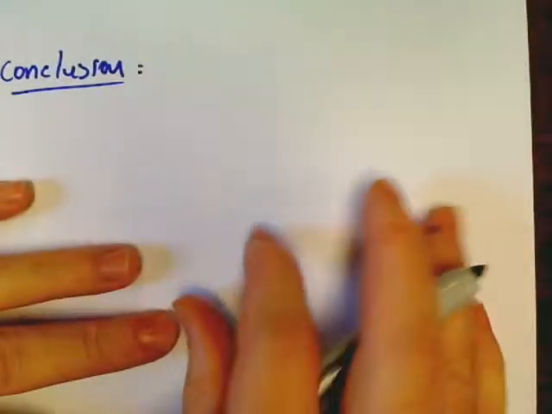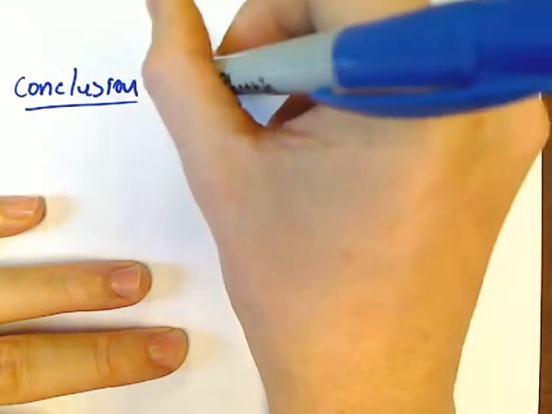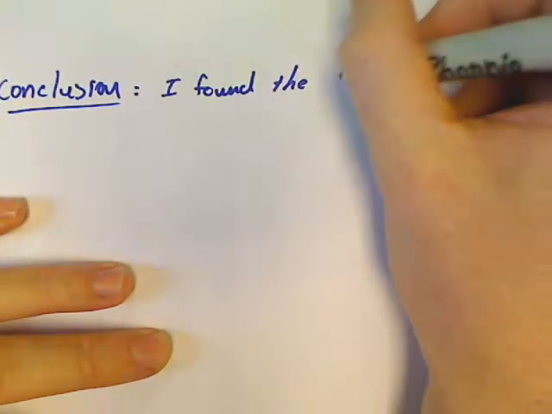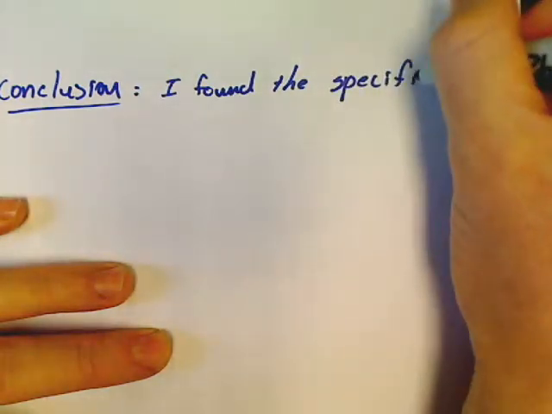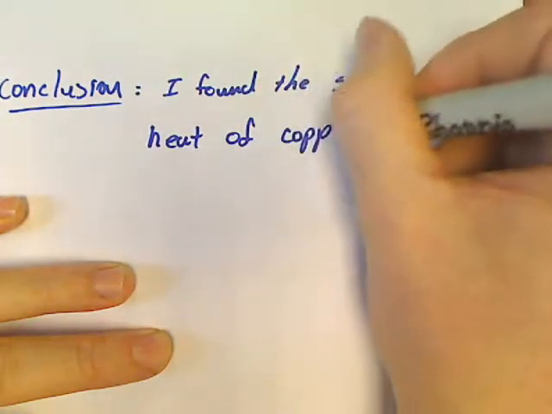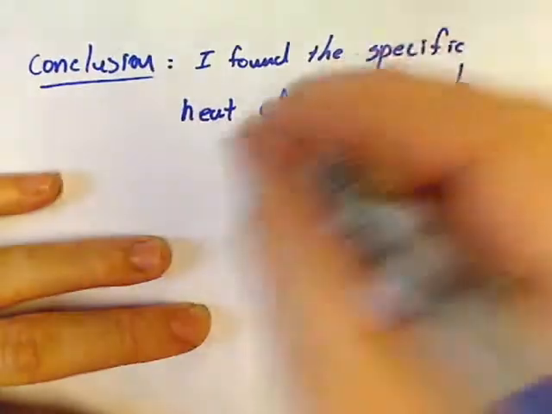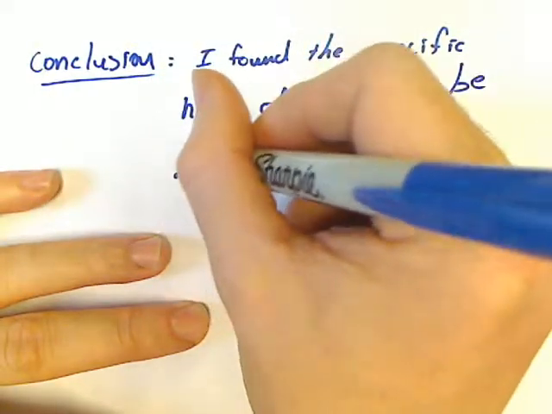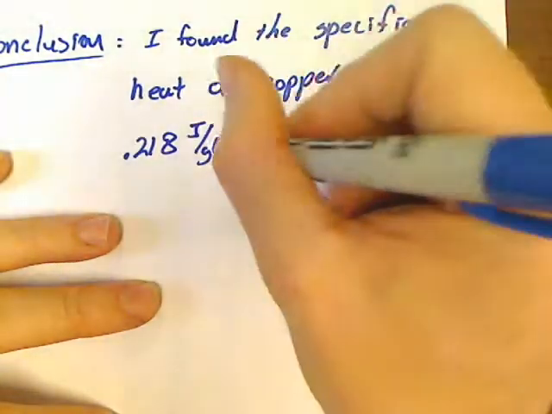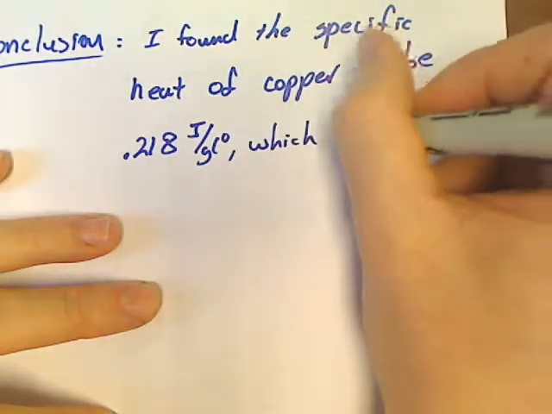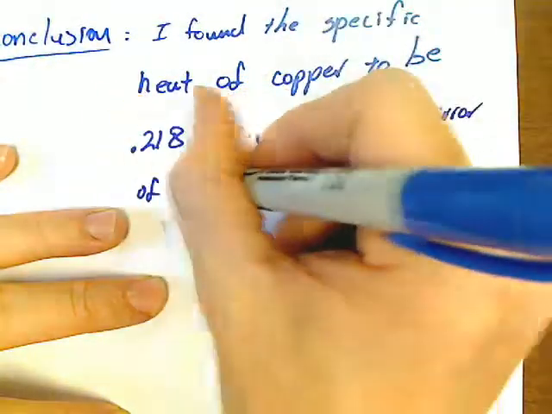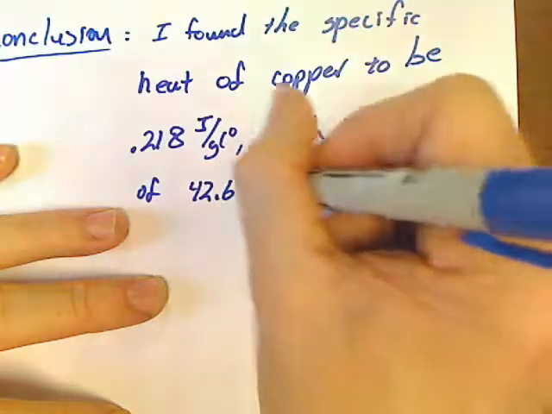The conclusion for this lab, all I want to do is, I found the specific heat of copper to be, in my case, 0.218, don't forget your unit, J per gram Celsius degree, which is a percent error of 42.6%.